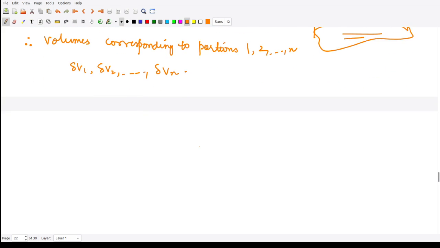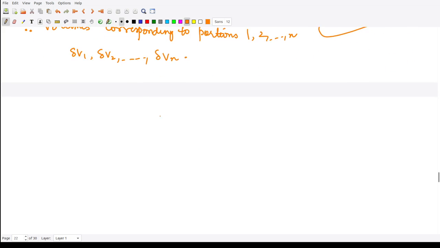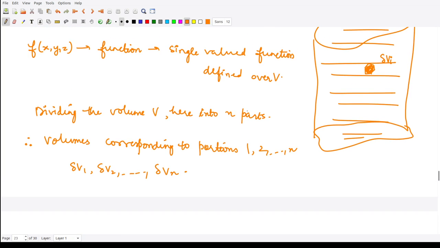If I wanted to take the sum of all those portions, it would be the summation i varying from 1 to n, and the value of the function calculated at the point Pi. Suppose this is some point P here, having coordinates xi, yi and zi. So this is the point.